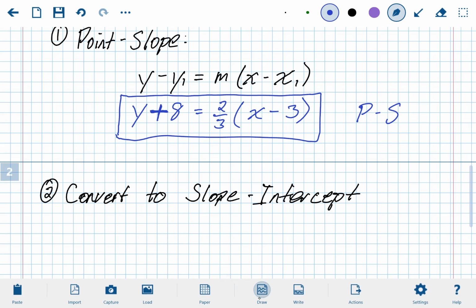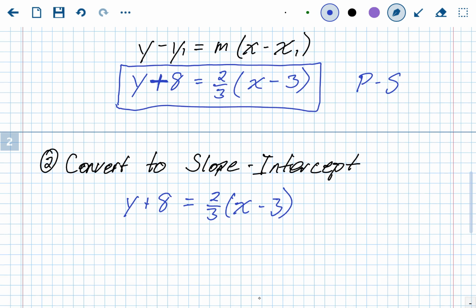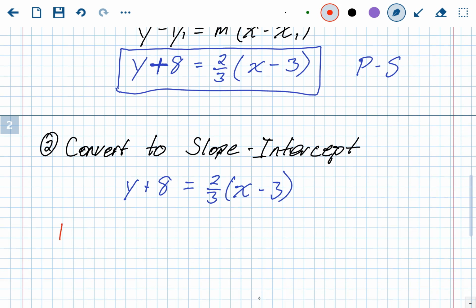So I'm going to rewrite point slope form, which is y plus 8 equals 2/3 x minus 3. And we've done a couple of these already. To convert from point slope to slope intercept, the first thing we want to do is distribute the slope.